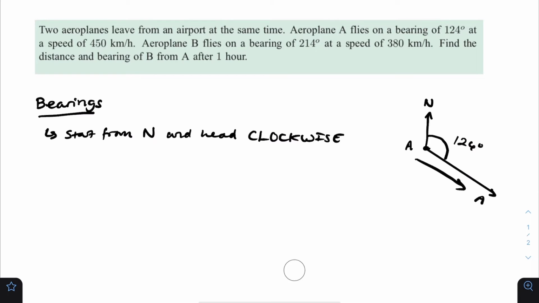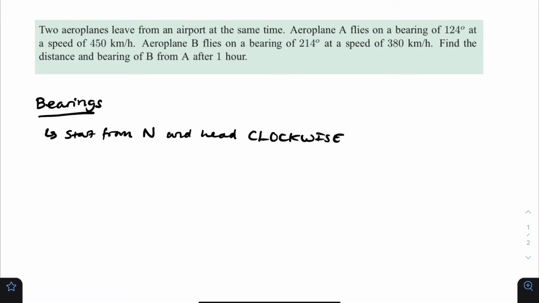So using this, we can actually construct an equation. It says that airplane A flies on a bearing of 124 degrees. They leave from the same airport, so we're going to say this is the airport, and this is north.